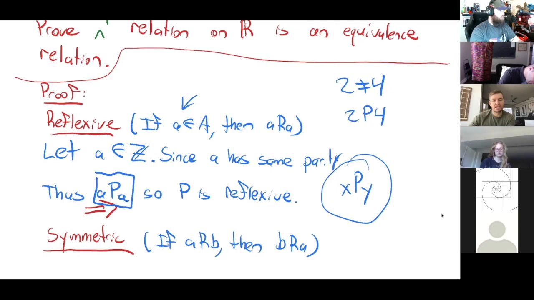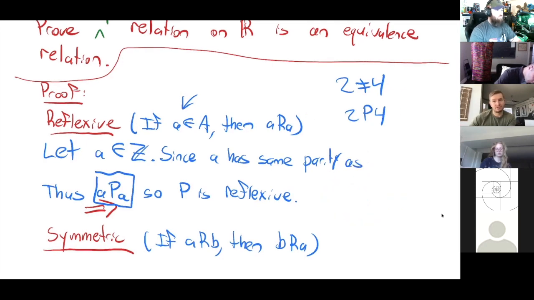I think we're stuck in thinking that we're now assuming what we were trying to prove, and maybe that's why I was getting confused. The only thing that we're assuming here is that it is an integer. But this doesn't mean that we need to disavow all previous knowledge of numbers and start from scratch. We know some things about numbers, and we're allowed to use some of those things.